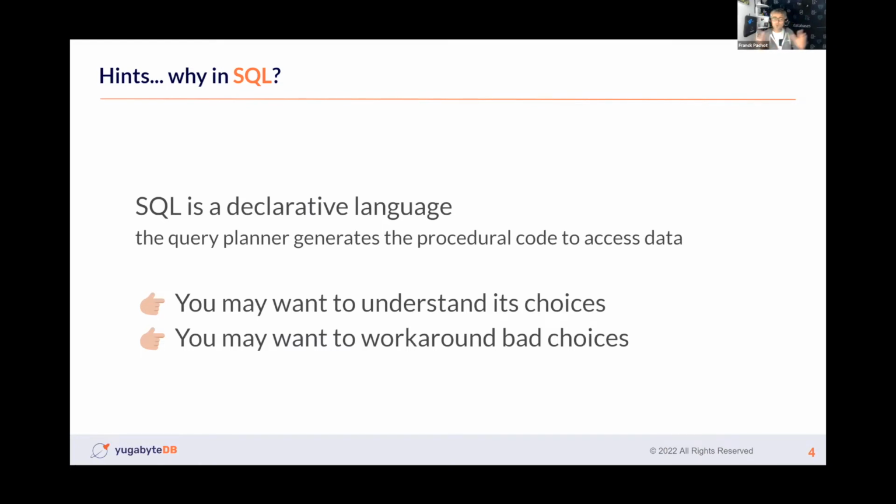So there are two reasons why you may want to force something in the execution plan. First, you want to understand the choice, and the best way to understand why the query planner came up with a specific plan is to try others and then understand why the others are better or not. And if one is better, if you have a problem in production, even if it's a bug in Postgres and the next release or a patch may fix it, you need a workaround, and hints can be used as a workaround.